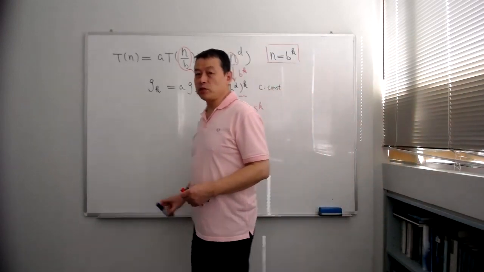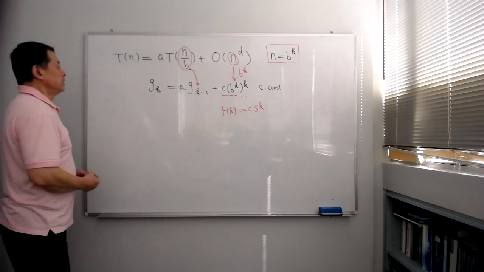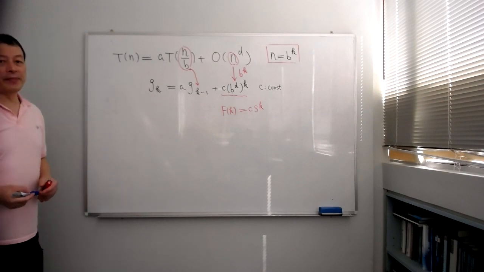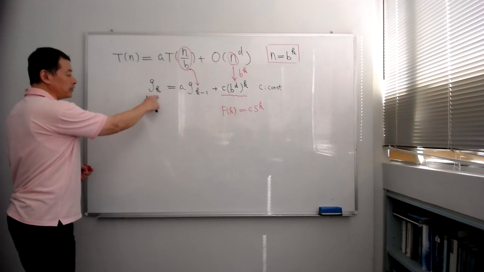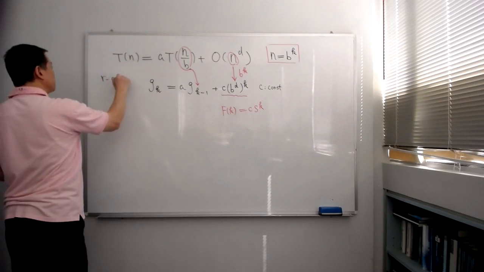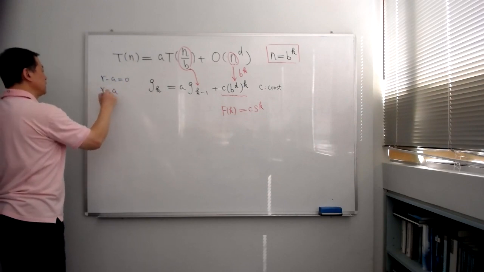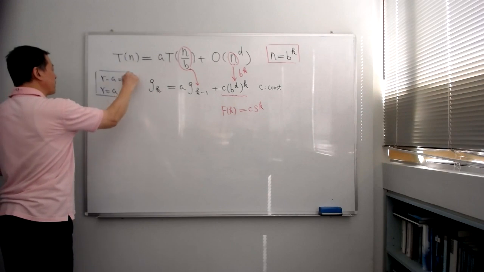Its solution consists of two parts. One is the homogeneous part, whose solution depends on its characteristic equation, r minus a equals 0, which has a single root r equals a.